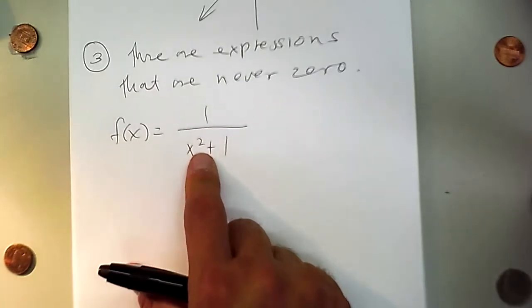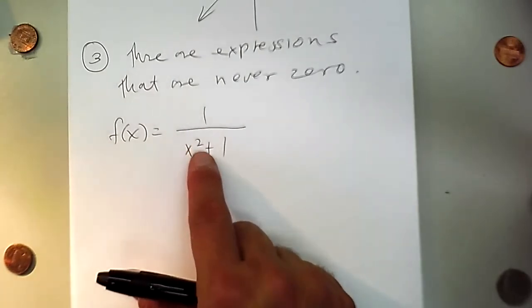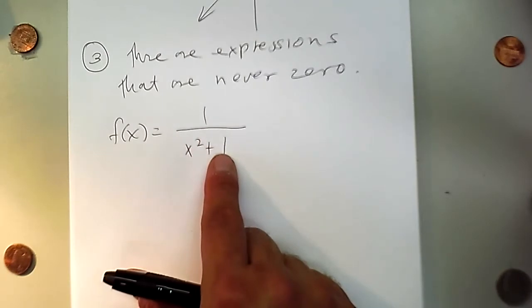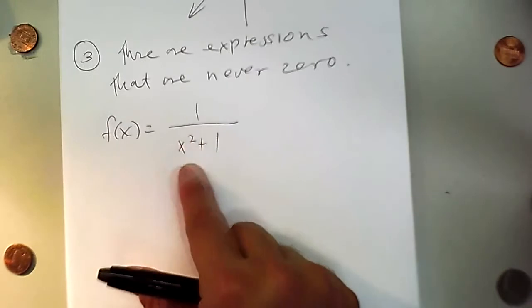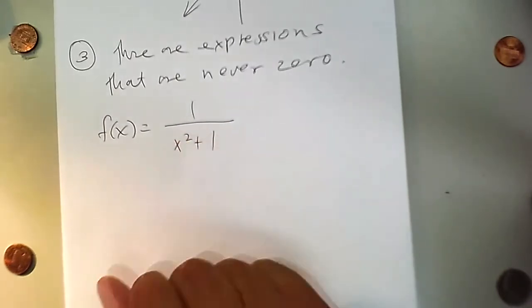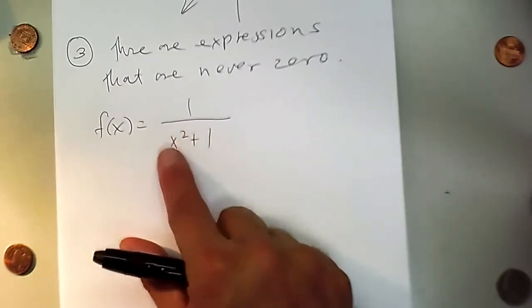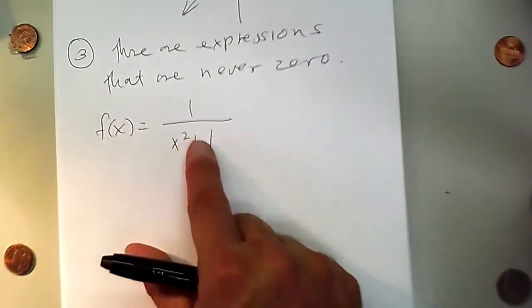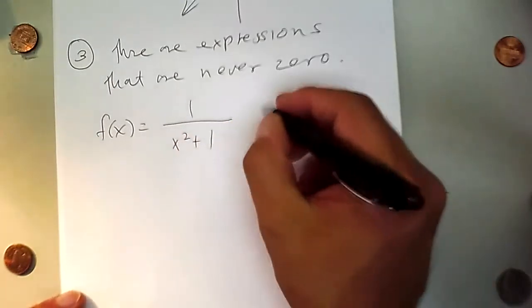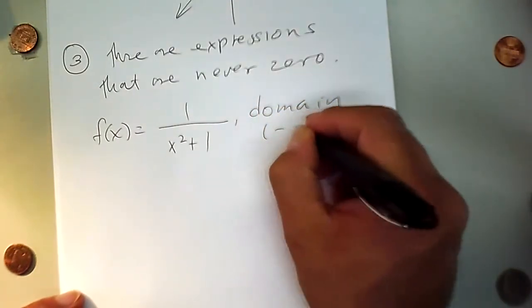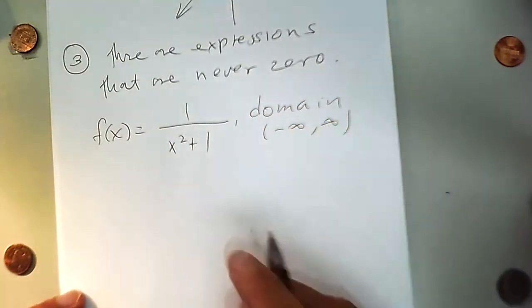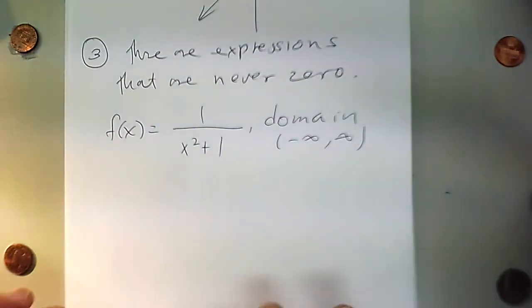The least we will have is 0. If we, on top of that, add 1, then we will have a quantity that is always positive. So the denominator will never be 0, which means that the domain is all the real numbers. So the domain goes from negative infinity to infinity. There is no hole, there's no vertical asymptote, nothing.